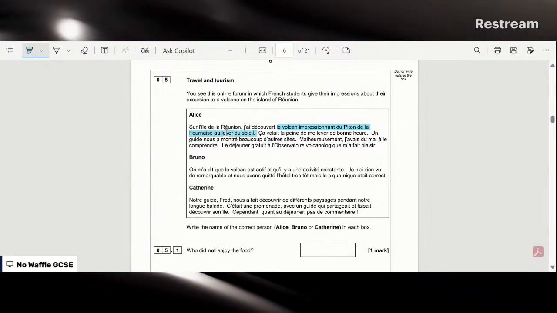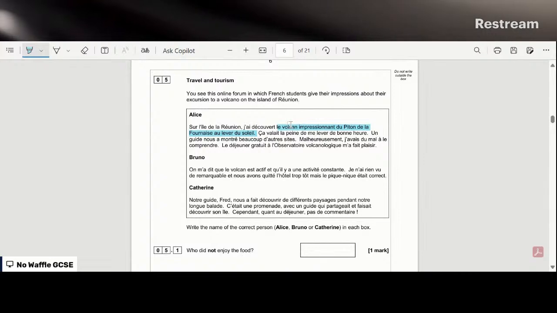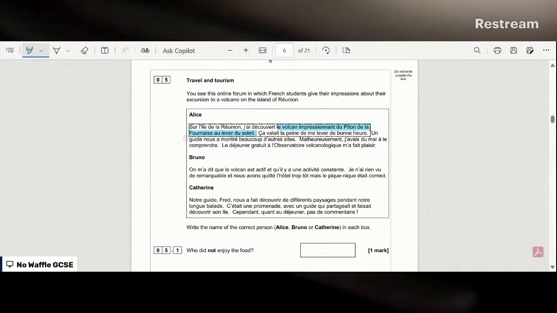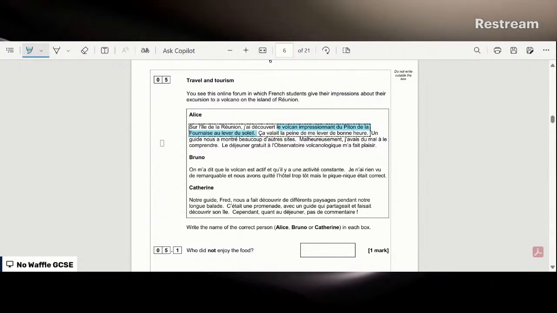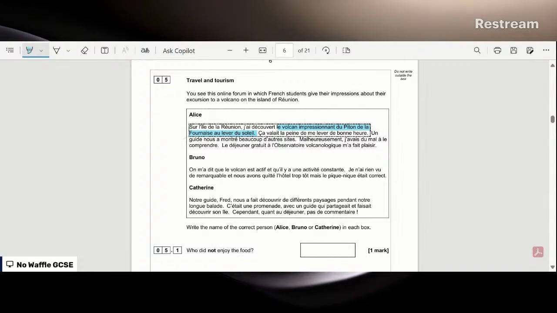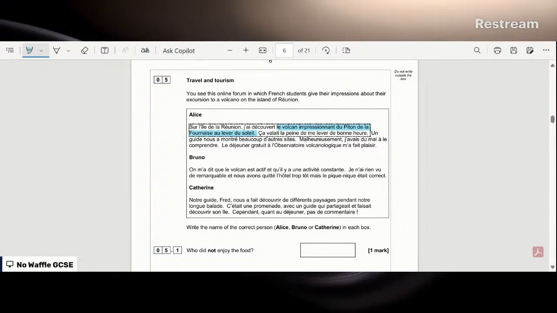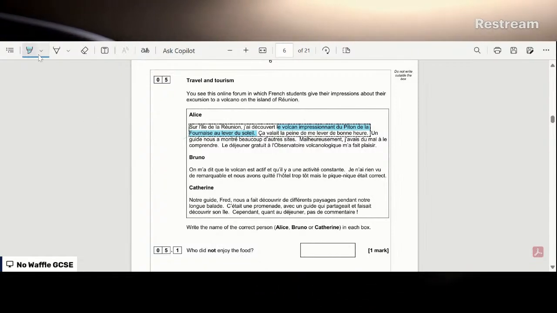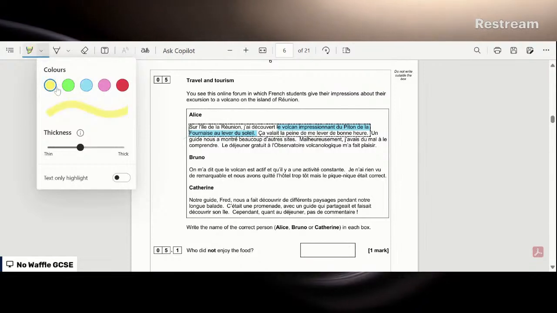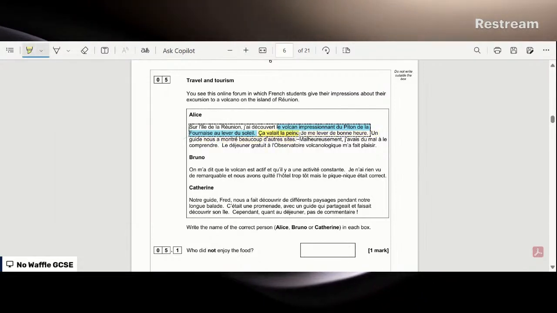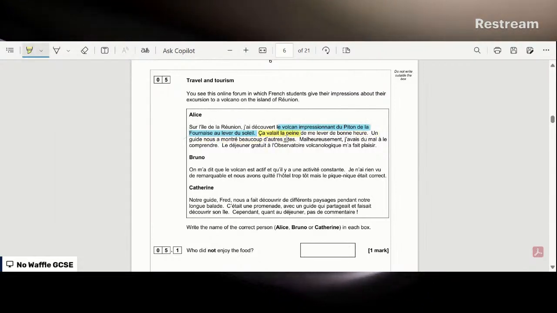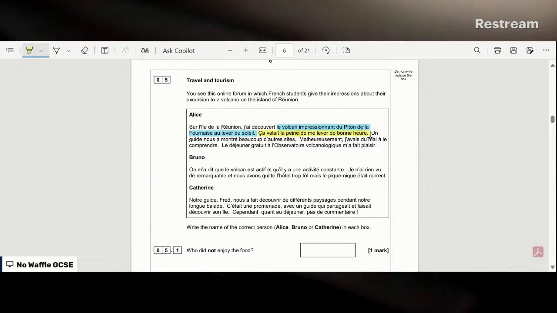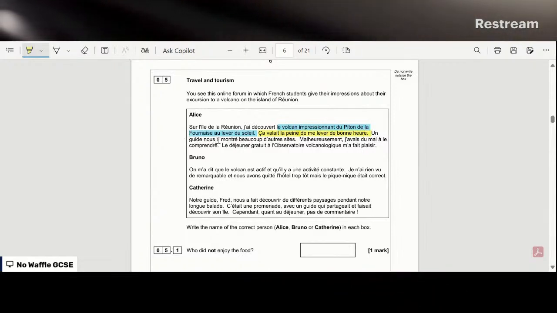Lever du soleil is in reference to the sunrise, the sun getting up, literally, that's what it means. Ça valait la peine, which means it was worth it. That's a common phrase that's come up twice now. So ça valait la peine, it was worth it, and it was worth getting up at an early hour.